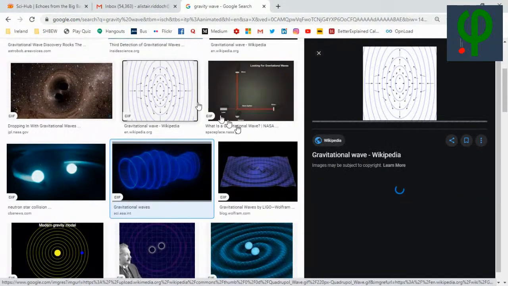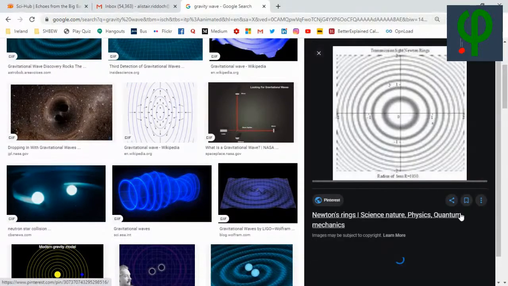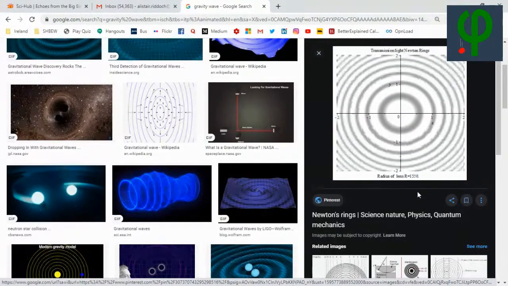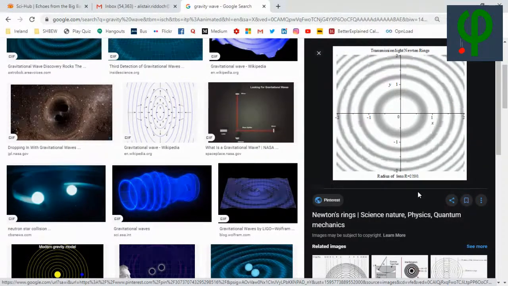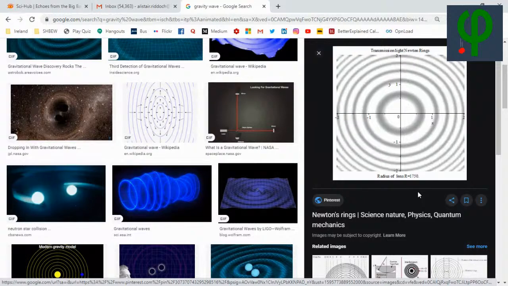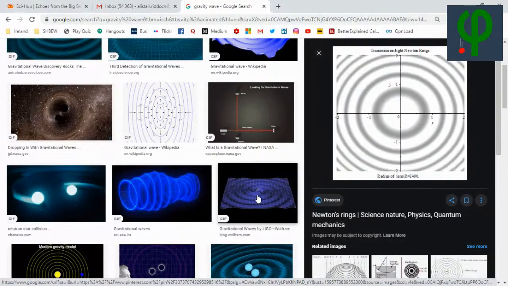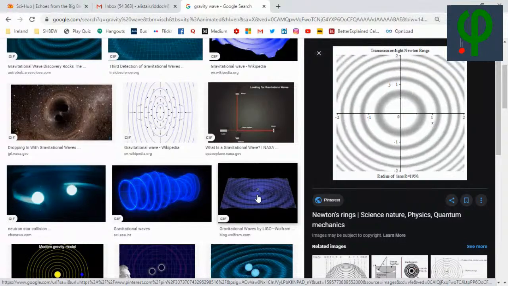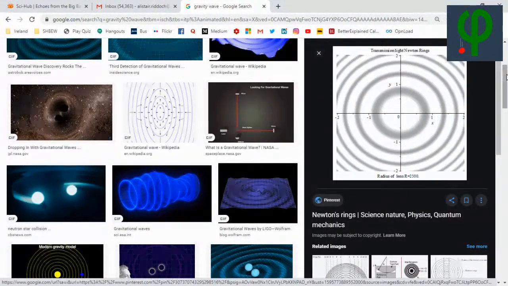Like this. Like it's a straight pulse. Well, anything with a wave has to do with a varying intensity, I would say.